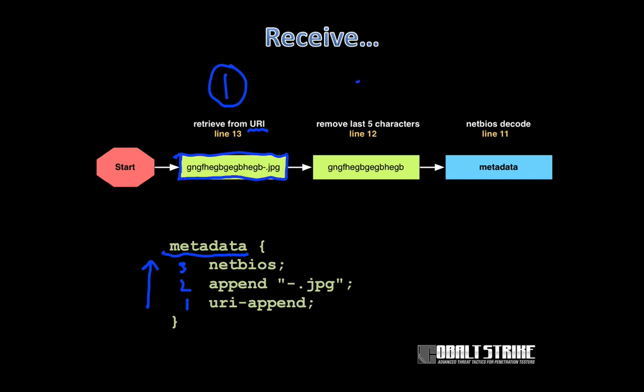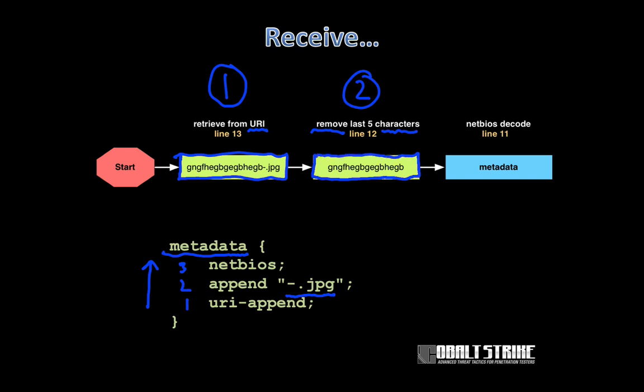Next, we go on to step 2, which is to append dash.jpg. The inverse of appending 5 characters to a string is to remove 5 characters. And that's exactly what we're doing right here. We're just removing the last 5 characters, doing the inverse of that step. What we end up with is this string right here.